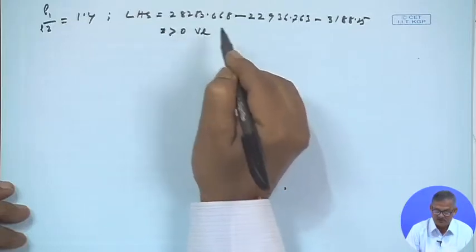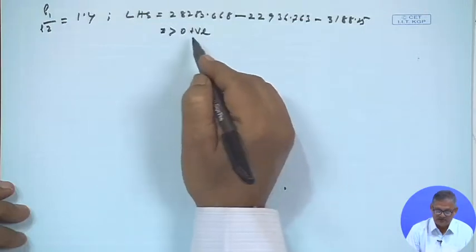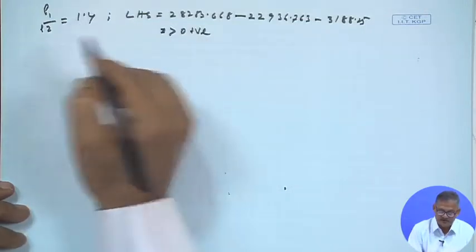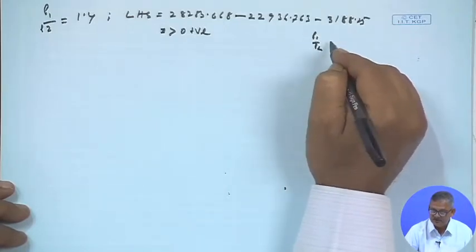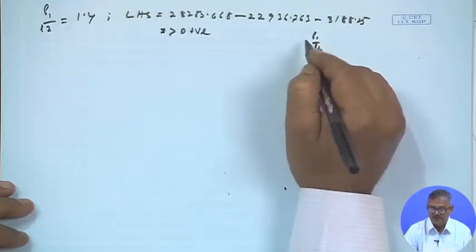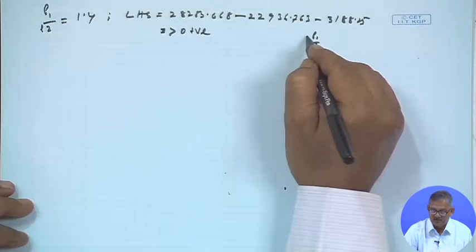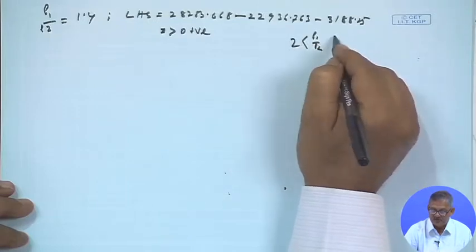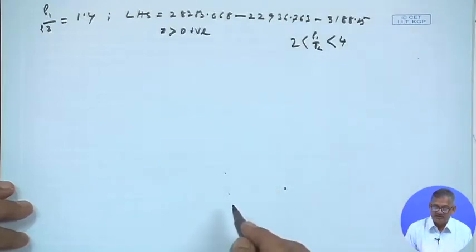So, it is positive, right. So, this becomes positive. So, P1 by P2 lies between 2 and 4, right. So, P1 by P2 is greater than 2, but less than 4, right.